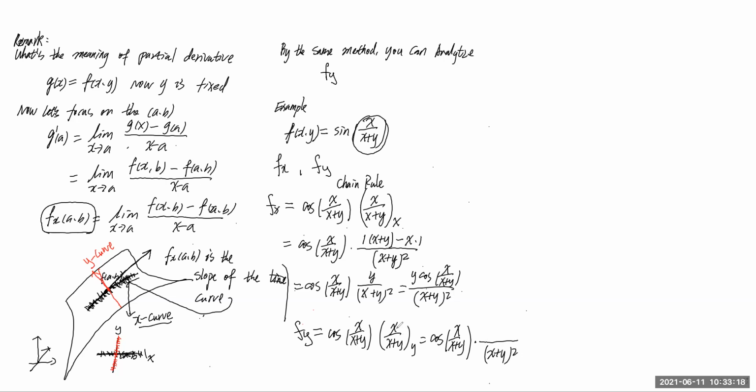X, if you differentiate in terms of y, is 0, multiplied by (x plus y) minus x, differentiating this term in terms of y, you get 1. So finally, we get negative x over (x plus y) squared times cosine(x over x plus y).